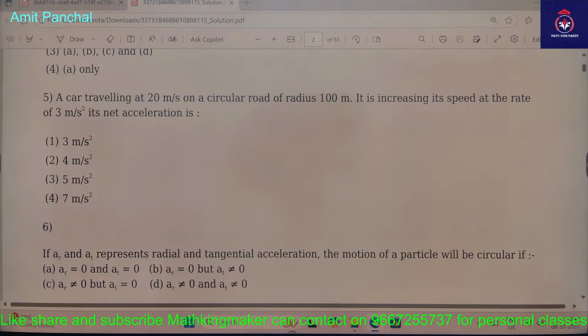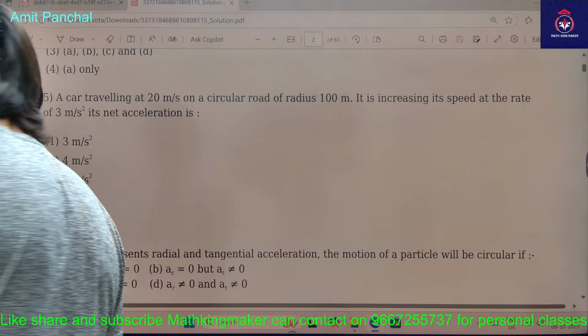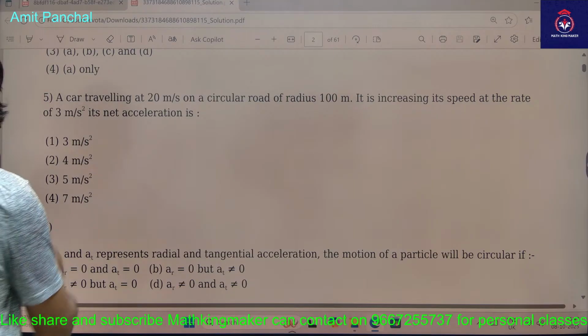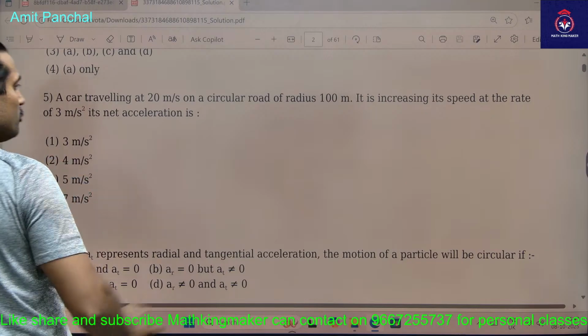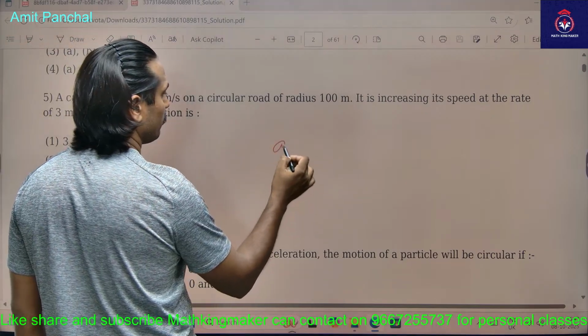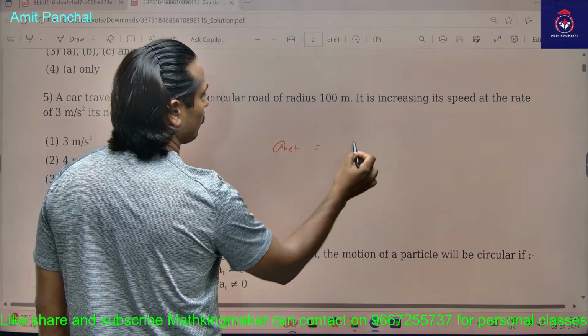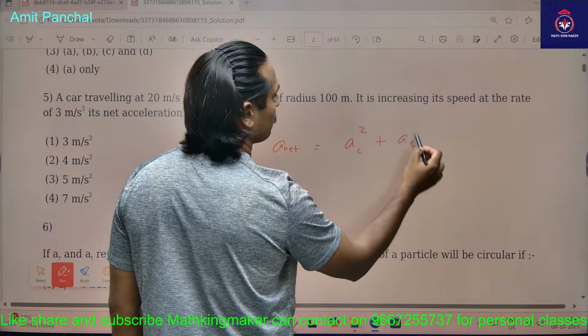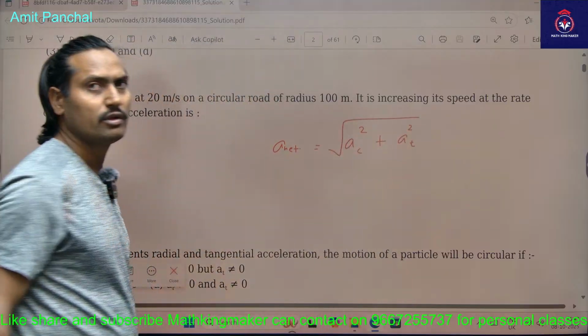See, the net acceleration will be the vectorial sum of centripetal acceleration with tangential acceleration, and they are always perpendicular to each other, isn't it? So A net will be equal to the square root of A centripetal square plus A tangential square.